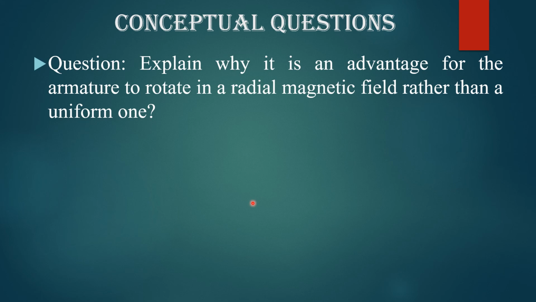So due to concave pole pieces, we have a radial magnetic field and the coil rotates within it, and the plane of the coil is always parallel to the field, so theta is equal to 0 degrees, and we get maximum torque.